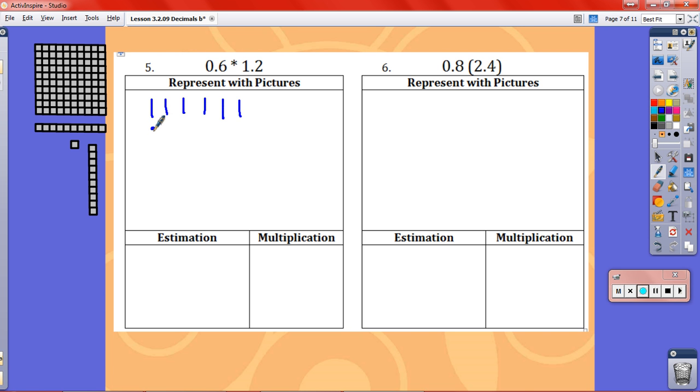So 2 tenths of that, 2 tenths of that, 2 tenths of that, and so on. So again, 6 tenths across. One and 2 tenths going down, 1 whole group and 2 tenths of a group going down.